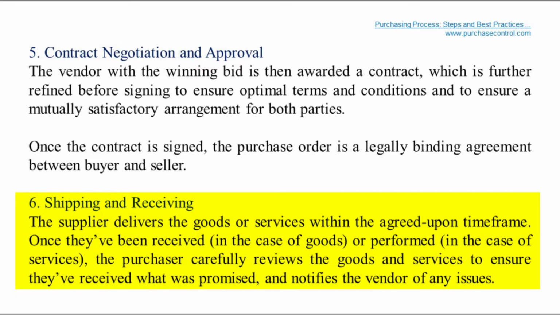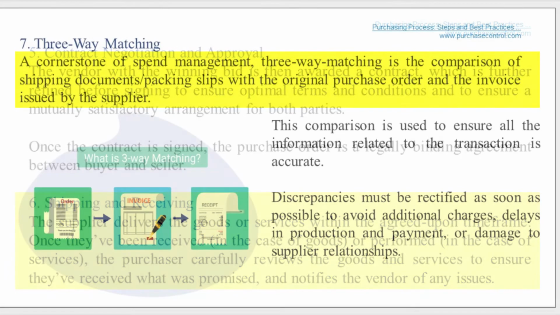Shipping and receiving. The supplier delivers the goods or service within the agreed upon time frame. Once they've been received in the case of goods or performed in the case of services, the purchaser carefully reviews the goods and services to ensure they've received what was promised and notifies the vendor of any issues.